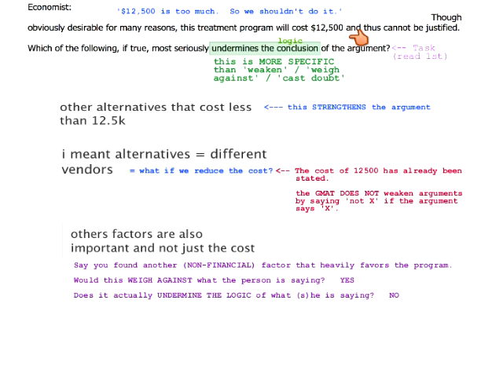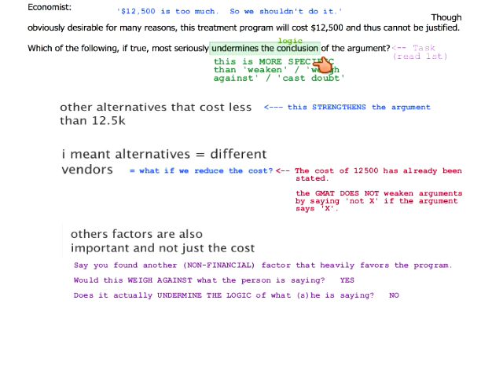So this is the difference. If you actually have to undermine the logic or the conclusion of the argument, if you actually have to undermine the way the argument works, this means that you have to bring in something that is in the same type of thoughts that the person is talking about. So if the person is talking about financial stuff, then you need to bring in more financial stuff.